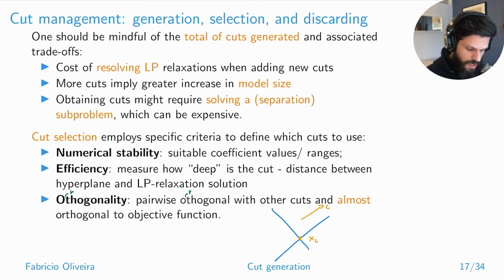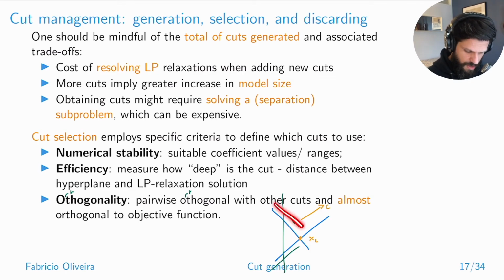When you add a new cut, you don't want your cuts to cut things in this direction. It is nicer if it cuts like that, right? And most importantly, if it can be as perpendicular as possible to this, the better, because that gives you a bit more chance to find cuts that cut parts that are really relevant in terms of your solution search.